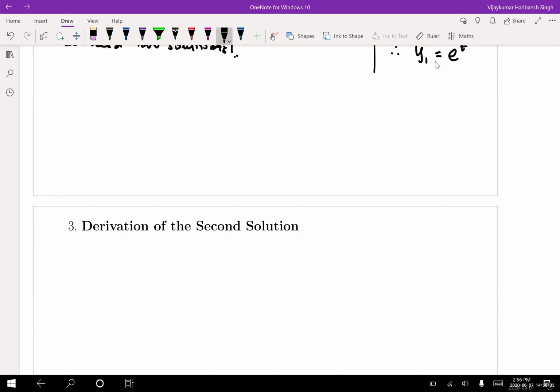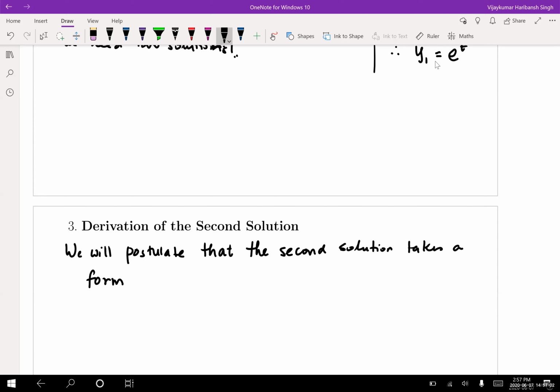We will postulate, that is, guess, that the second solution takes the form y(t) = y1 multiplied by some function v(t), where v(t) is some function that needs to be determined.